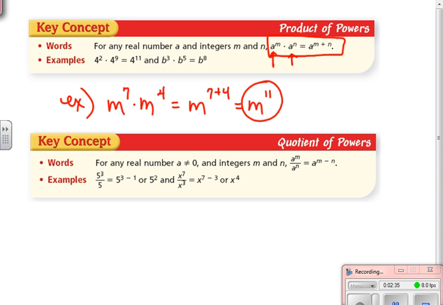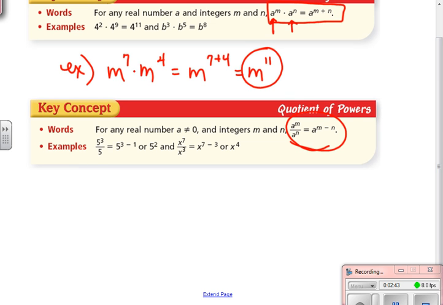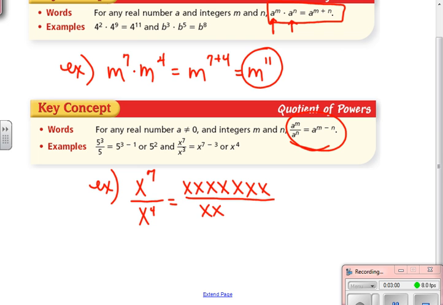If when we're multiplying we add, when we're dividing we are going to subtract. Think about opposite operations and undoing. So if I have, for example, x to the 7th over x to the 4th, the long way, we would go through x divided by x cancels, x divided by x cancels, x divided by x is 1, x divided by x is 1, and it would leave x to the third.